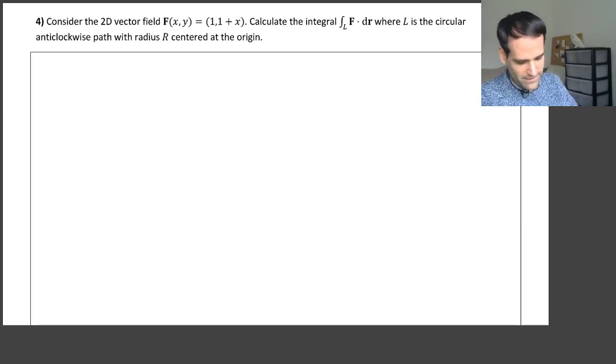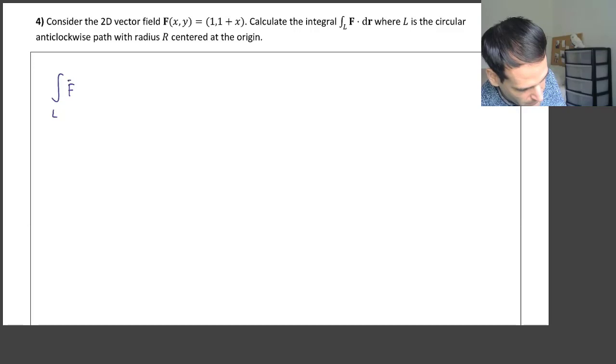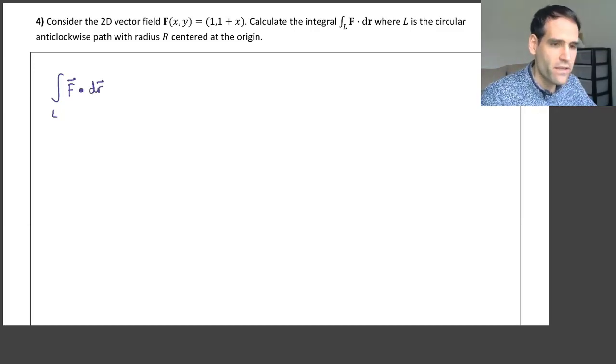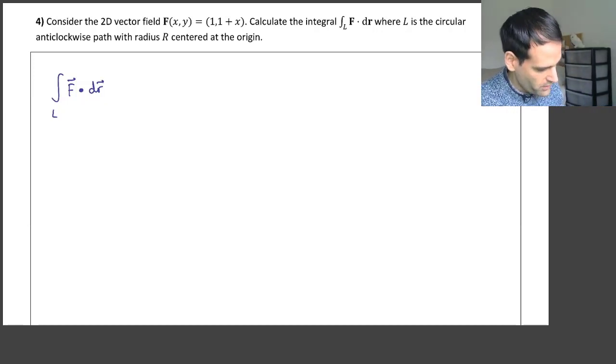So let's do our first example of an integral which has a vector field and dot product dr. This problem asks you to do this integration using the following function.